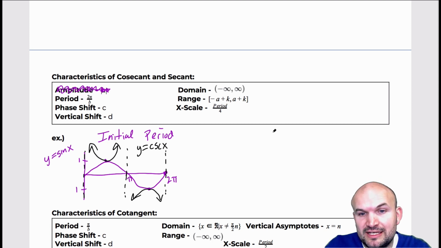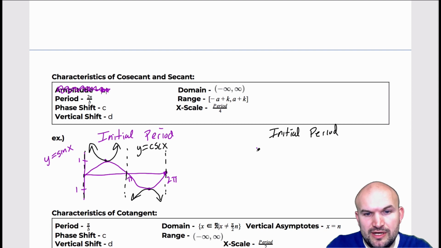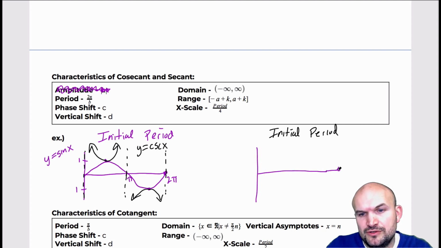And if I wanted to find the initial period for the secant graph, I would do the exact same thing. Just go ahead and create here. Let's draw from 0 to 2 pi. So it's going to start again at 1. Let's go down to -1.